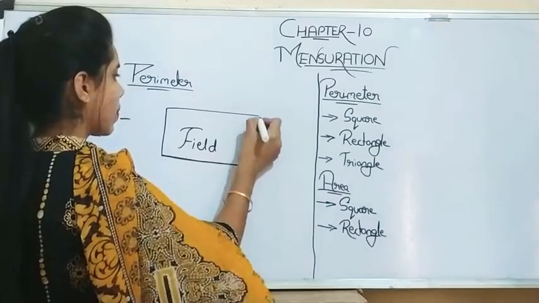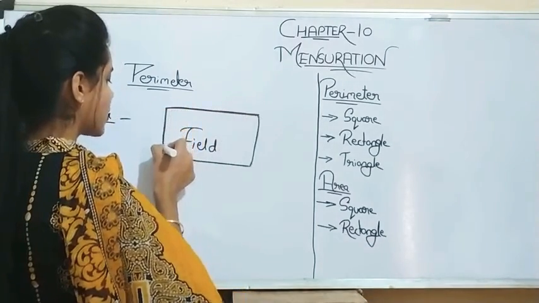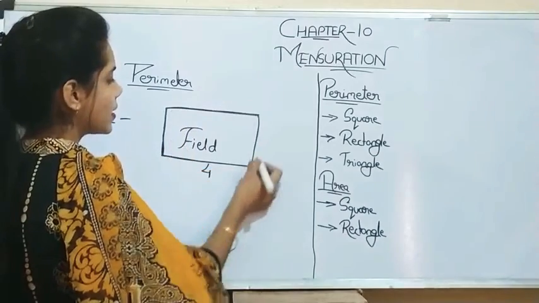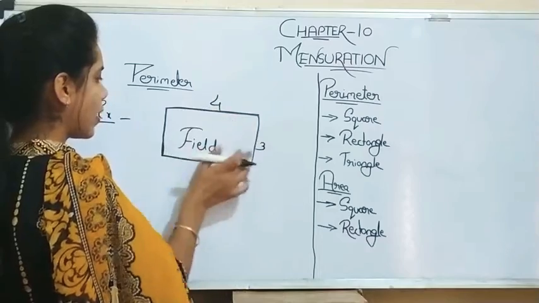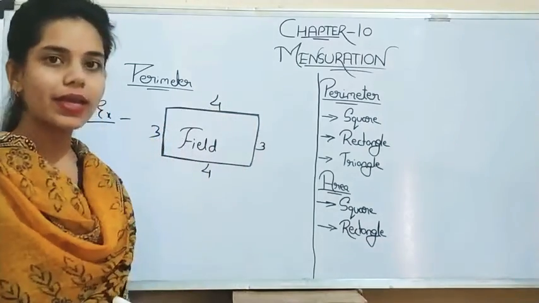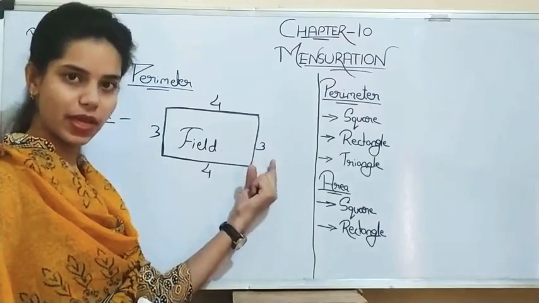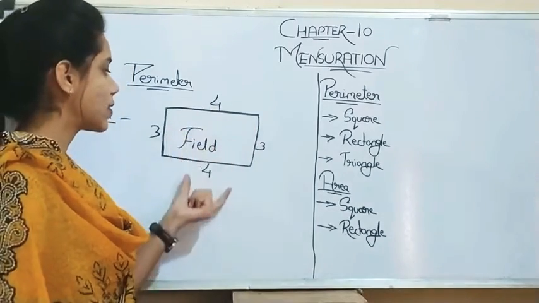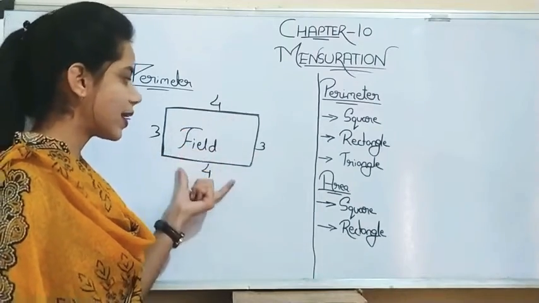If we add all these sides, suppose this is 4, this is 3, this is again 4 because these are equal, and this is 3. Suppose this is the field and length is 4 and width is 3, and it is the shape of a rectangle, so opposite sides are equal.